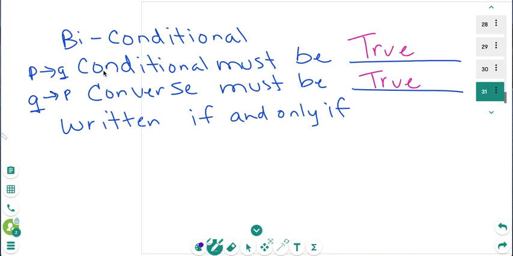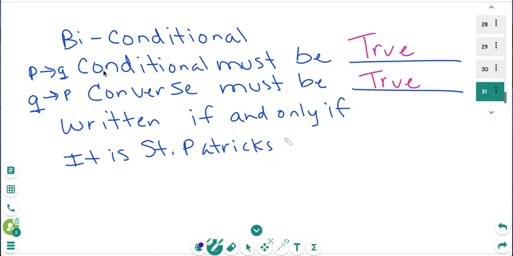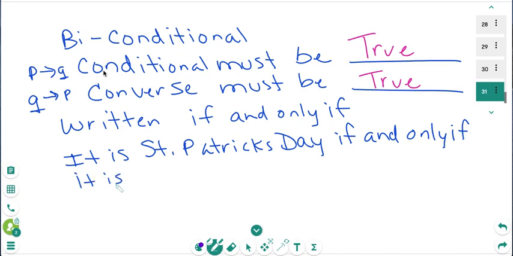So let's take a look at how that would work with our St. Patrick's Day. It would look something like this. It is St. Patrick's Day if and only if it is March.